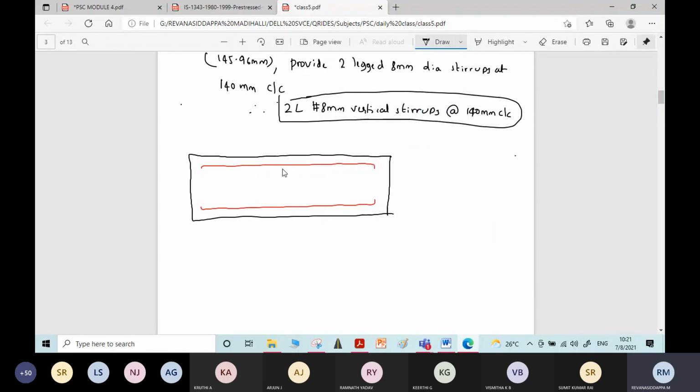Just we will take two sets of bars at top and bottom. Okay, no need to worry about the main longitudinal bars. Here we are doing design for the shear.